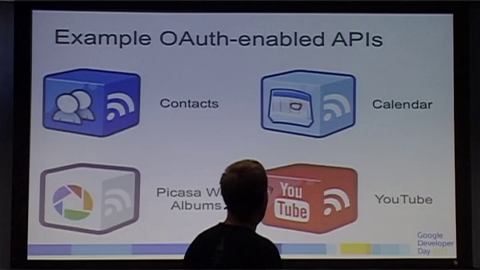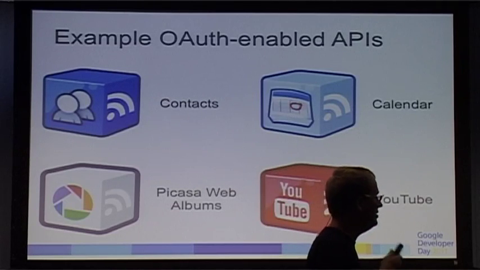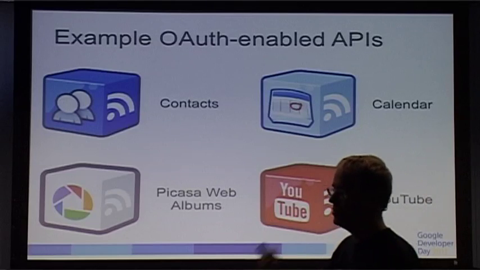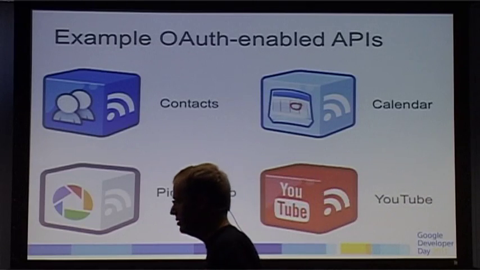These are some of the APIs. We're going to be talking about calendar in some of the examples here, but the APIs range from business data like calendar and contacts to things like YouTube videos and Picasa pictures. You can connect your users with their data on all these services.